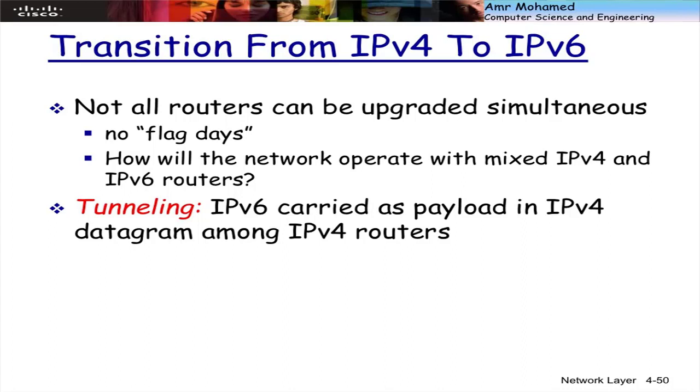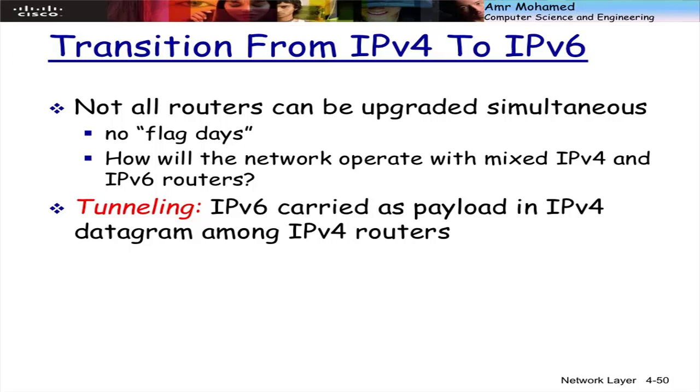So the designers of IPv6 also thought about a transition strategy, a strategy for transitioning from IPv4 to IPv6. Because of the hierarchical and distributed nature of the internet, they had to come up with a strategy that allows for gradual deployment. Okay?